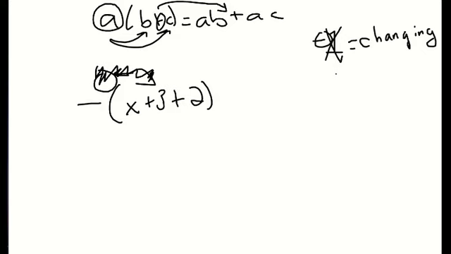So multiplying by -1 will always change the sign. So instead of taking the time to think about it, whenever you see a negative sign, just change the sign of each number. So we're going to make -x, we're going to make -3, and then we're going to make -2.